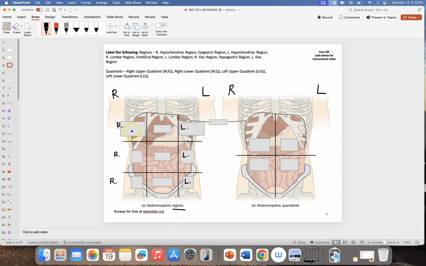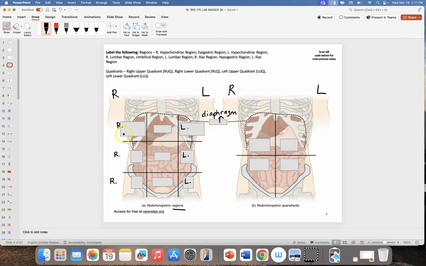Now, we have this dashed line here that is representing the diaphragm. And that helps us separate out this thoracic cavity from the abdominopelvic cavity that we see inferior to that thoracic cavity up here.